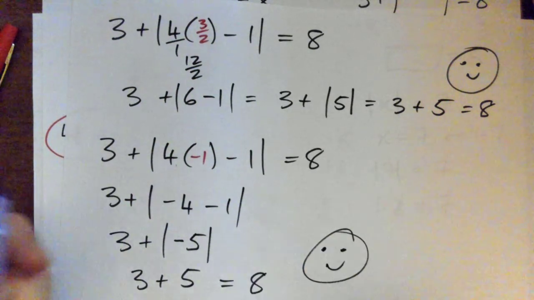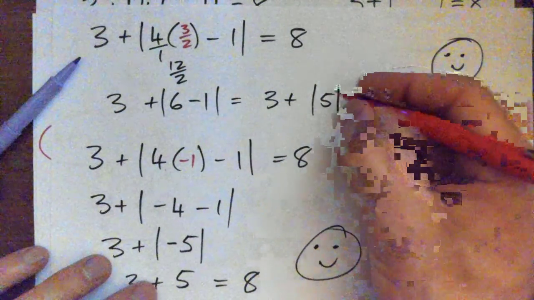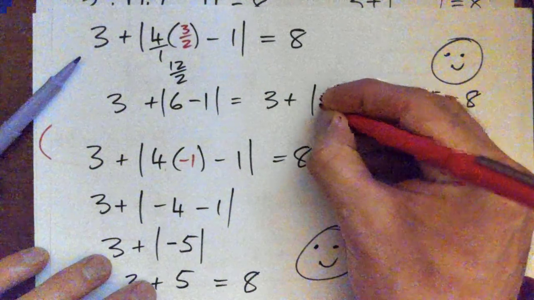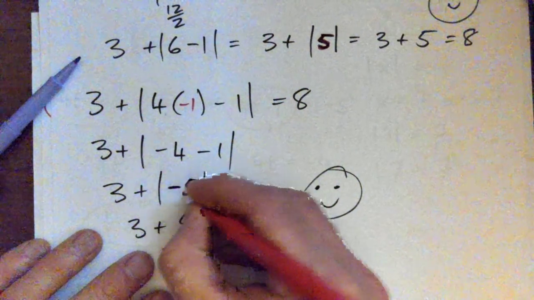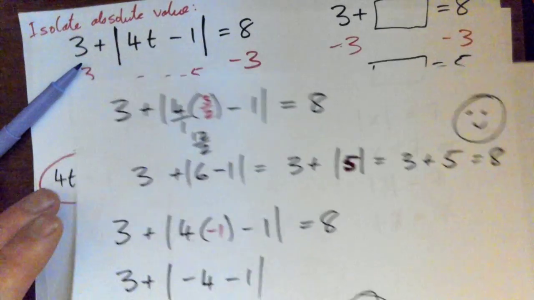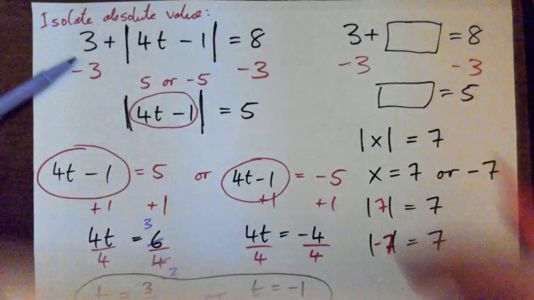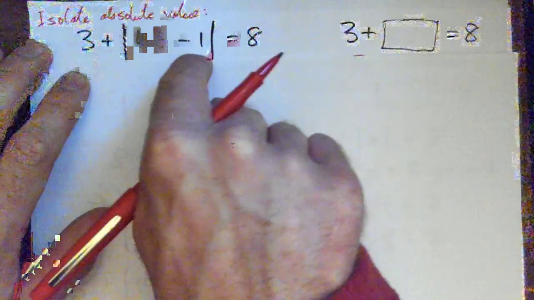Because when I plug 3 over 2 in, it turns this inside into a positive 5. When I plug a negative 1 in, it turns this inside into negative 5. And look at the beginning of the whole thing. When we first introduced this equation, it said 3 plus some weird thing equals 8.